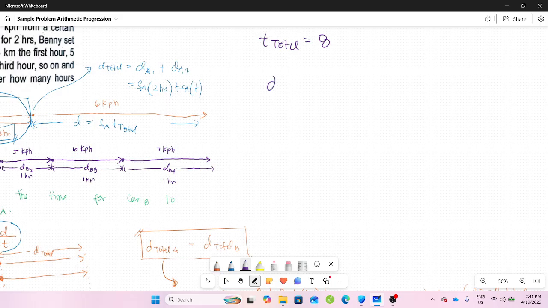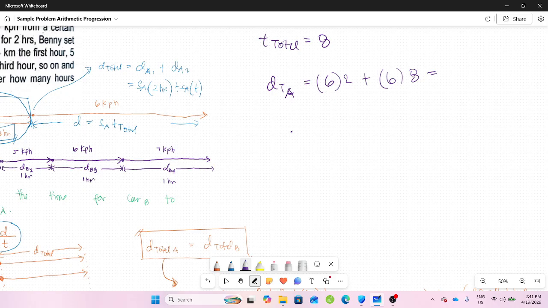So for car A, that should be 6 times 2 plus 6 times 8.